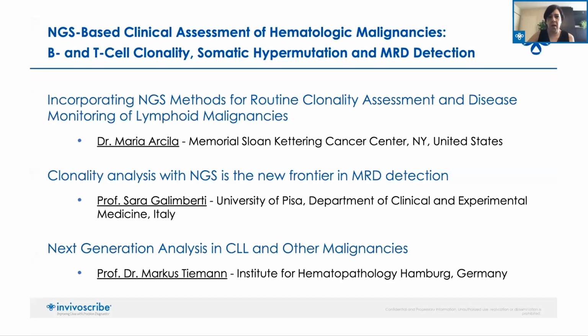At the beginning, we are going to be talking about some of the experience that I myself have had with routine clonality assessment in a clinical laboratory, both assessment of clonality and using the same assay for monitoring lymphoid malignancies. And then later on, you're going to hear from both Professor Sarah Galimberti and Professor Marcus Tiemann on their experience with MRD detection and the assessment of CLL and other malignancies and NGS clonality assessment assays.